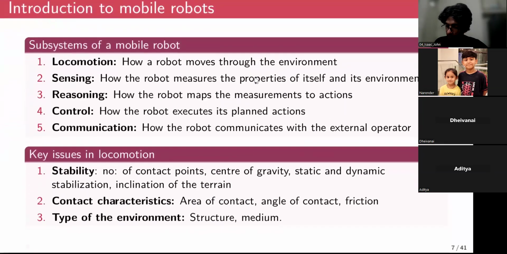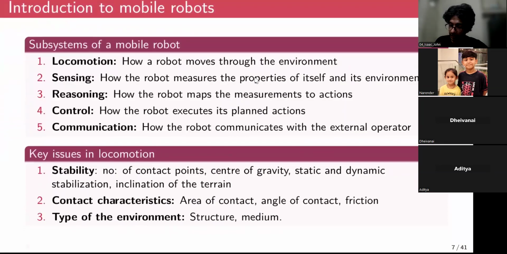And then we've also seen the subsystems of a mobile robot. What are the different subsystems? The first subsystem is the locomotion: how a robot moves through the environment. In case of a mobile robot, it can have multiple locomotive systems, just like I've said earlier. It can fly.